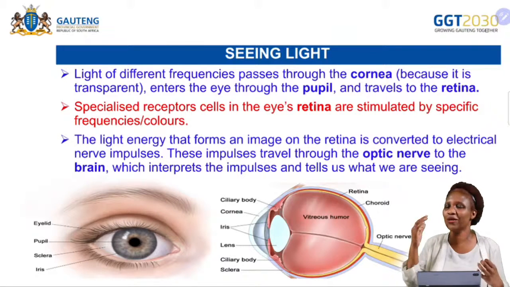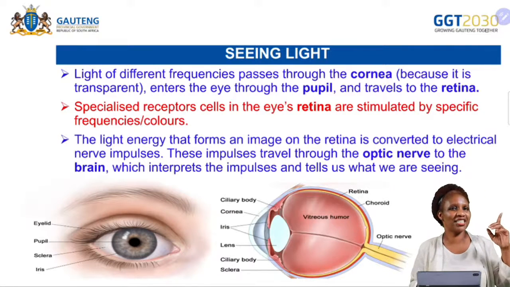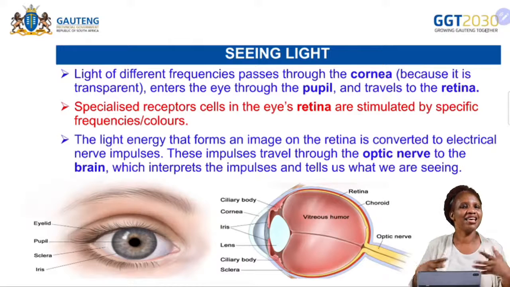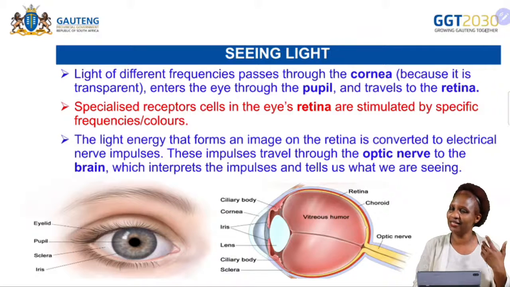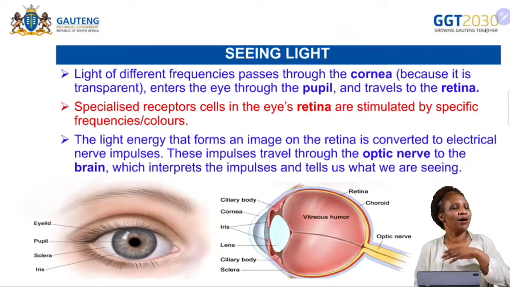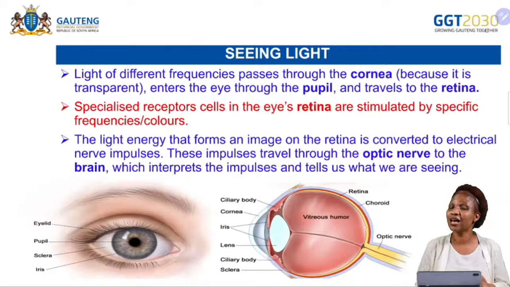It means when white light strikes an object, then green will be reflected to our eyes, and then we are going to see green. Okay, that's how it works. And what about the other colors of the spectrum? They will be absorbed. Okay, that's why we don't see them. That's why they are not reflected.